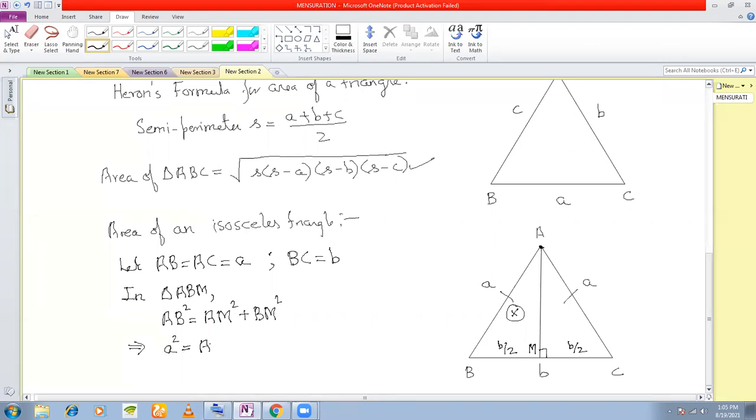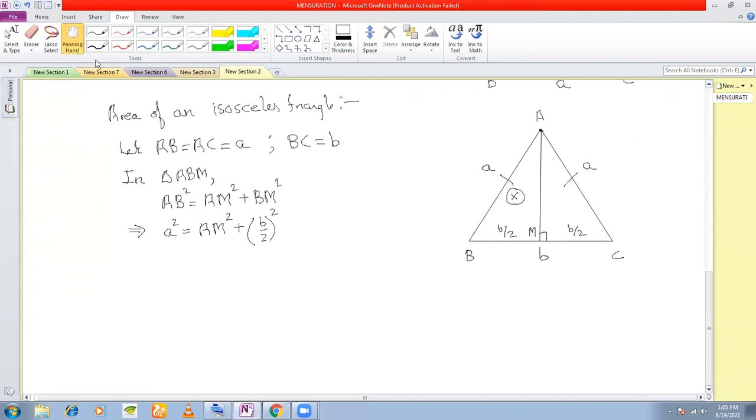AM we have to find out. And BM here is B by 2. So that means A square is equal to AM square plus B square by 2. That means A square minus B square by 2 is equal to AM square.